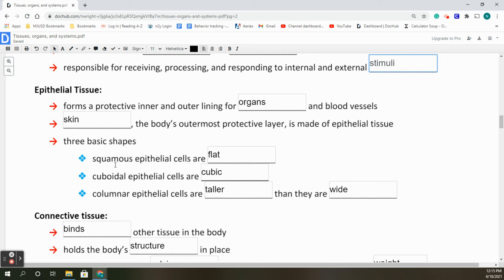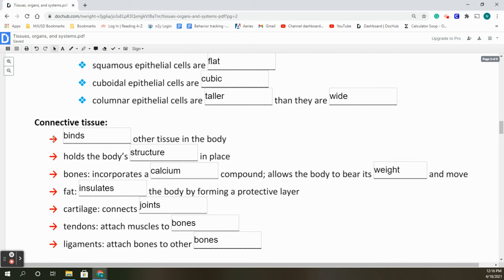Epithelial cells have 3 basic shapes. Squamous epithelial cells are flat. Cuboidal epithelial cells are cubic in shape. Columnar epithelial cells are taller than they are wide, like a column. Connective tissue binds other tissues in the body and holds the body's structure in place.